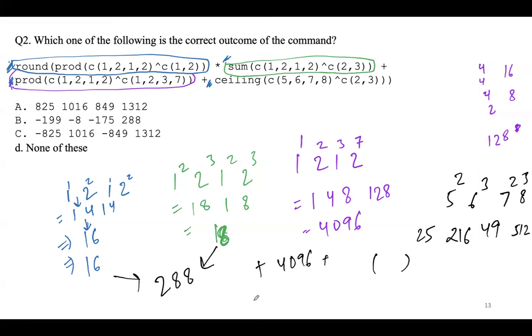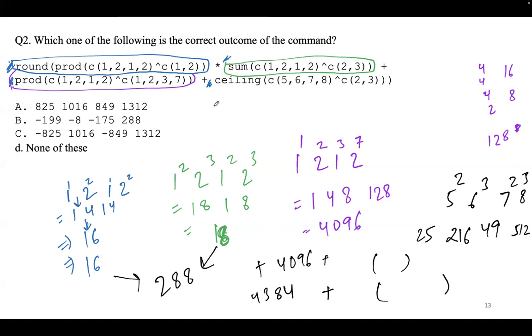So I'm going to get 4384. And then we're going to add this thing to each of them. So anyway, the answer does not exist here.